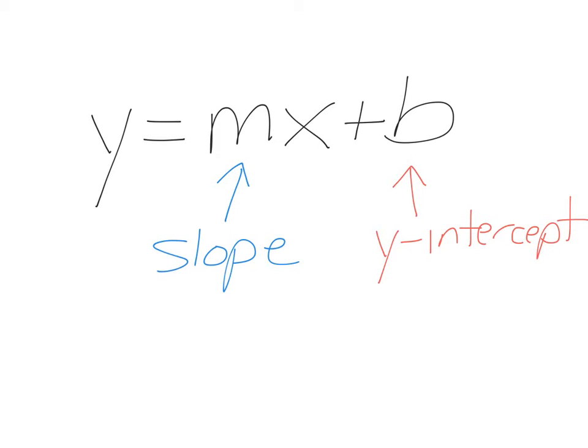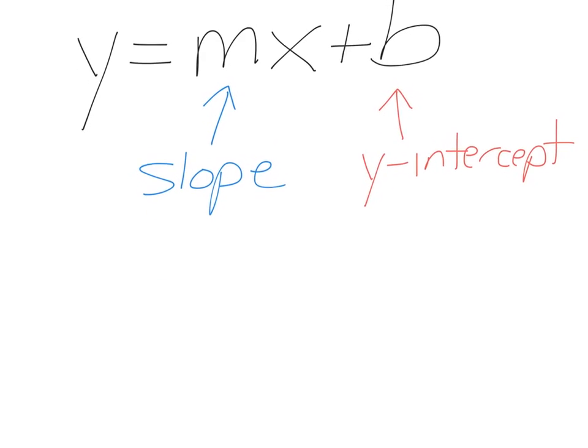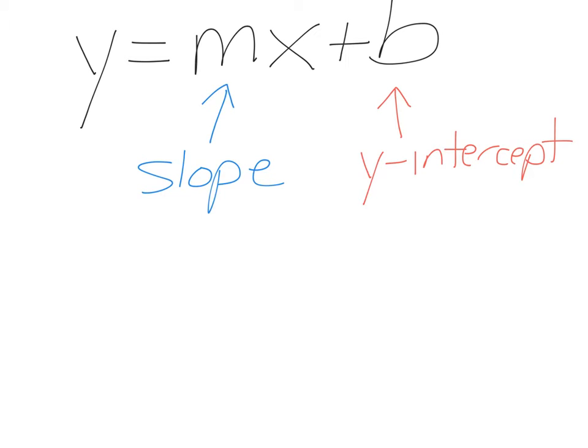So if we look at a graph, we know how to find the slope, and that right there is the y-intercept. It's the place where the line crosses the y-axis.